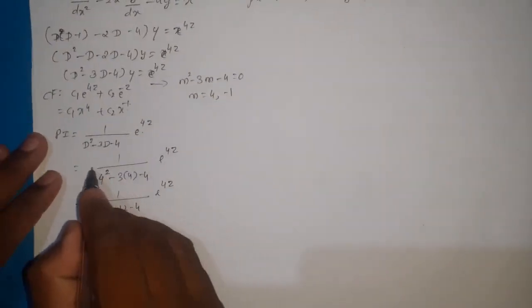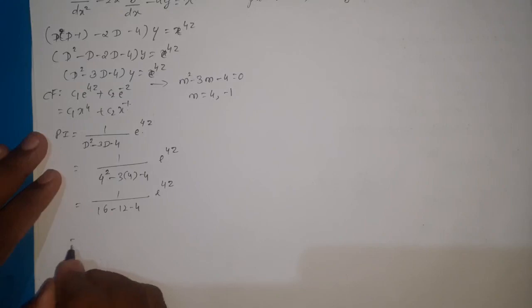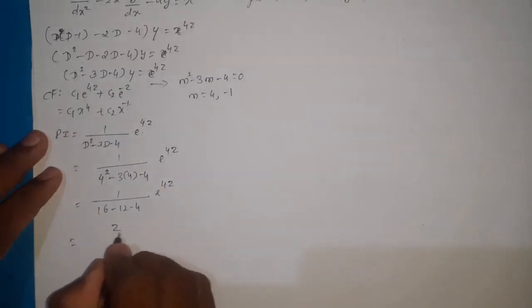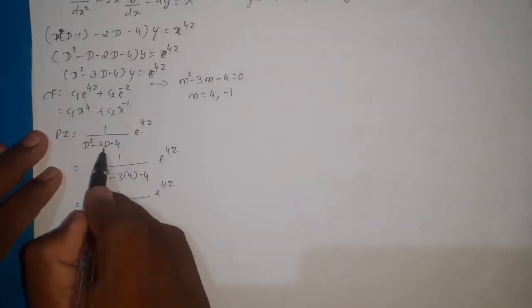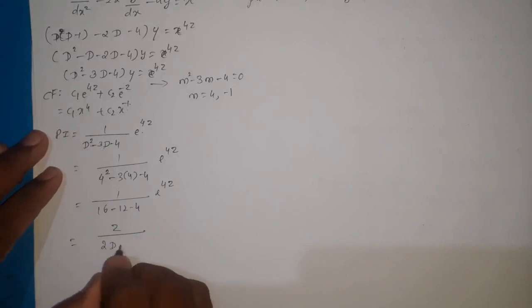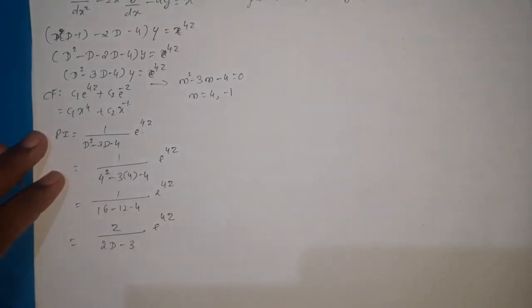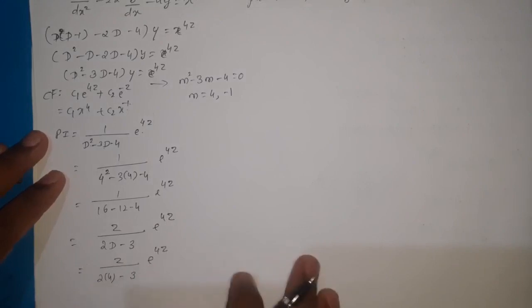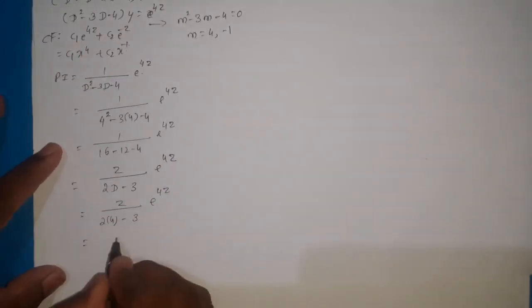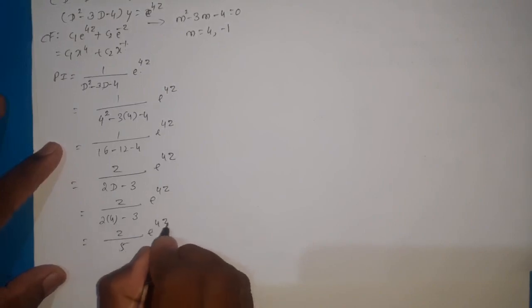Now here this becomes z divided by the differentiation of this one, which is 2D minus 3, e power 4z, right? Then this is equal to z divided by 2 into 4 minus 3, e power 4z, which is equal to z divided by 8 minus 3, that is 5 e power 4z.